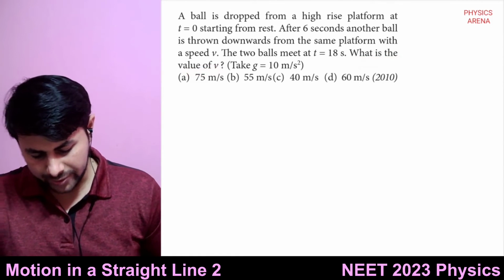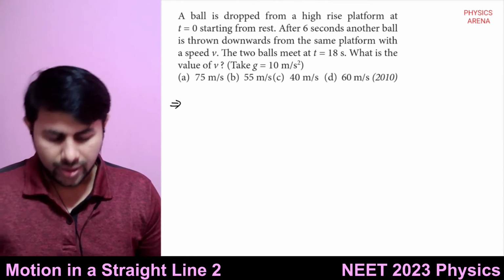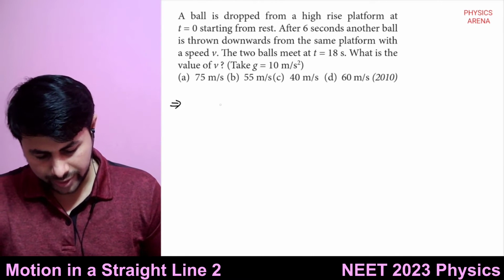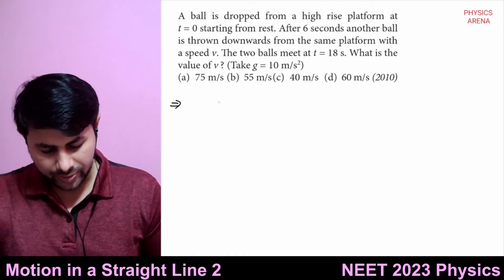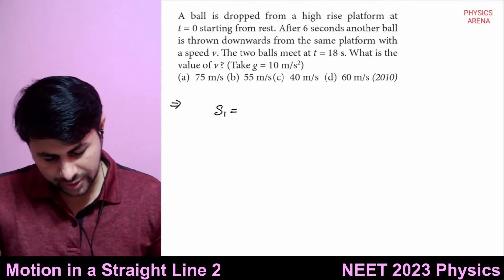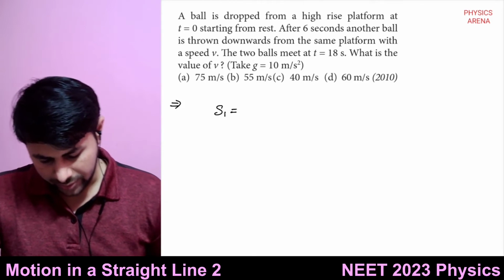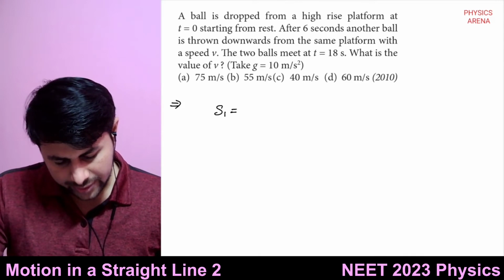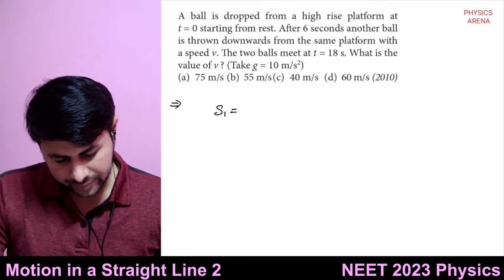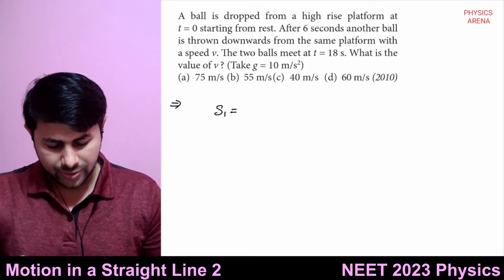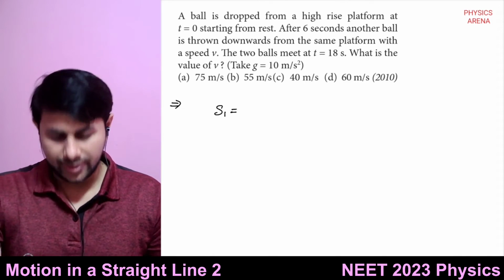So this is simple. See, a ball is dropped. For the first ball, and the second ball is dropped after 6 seconds. Can I say s1 is equal to ut plus half of at square?